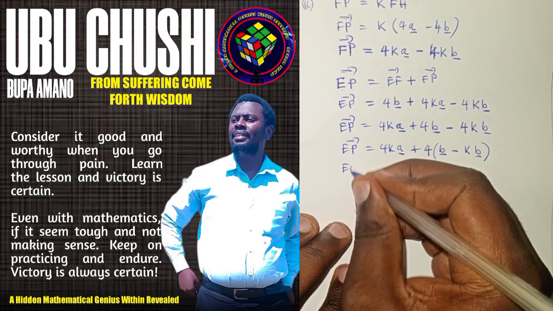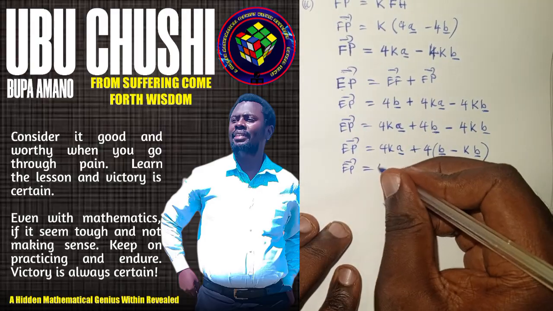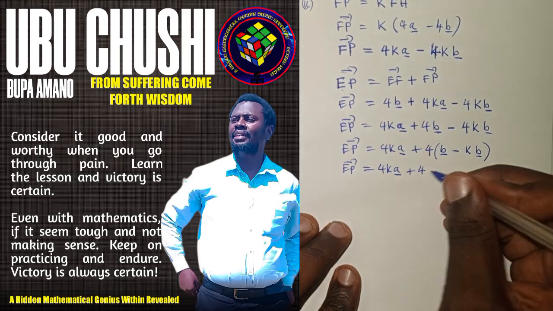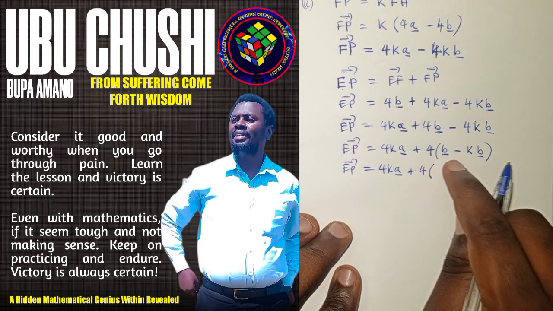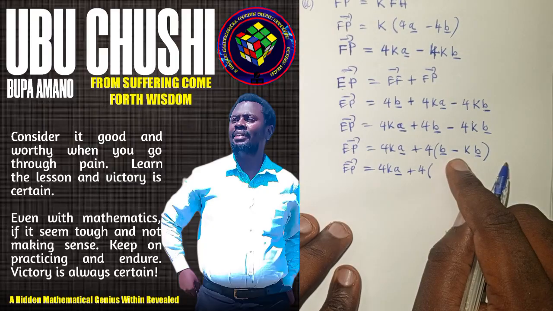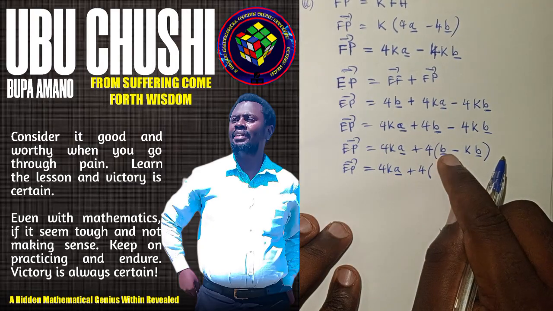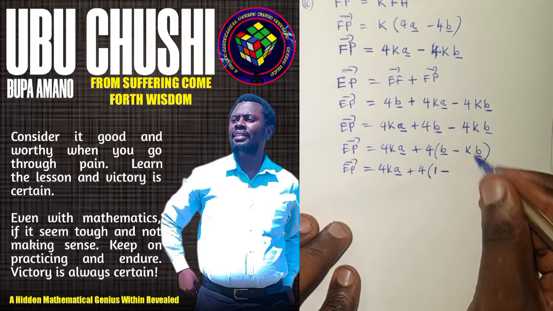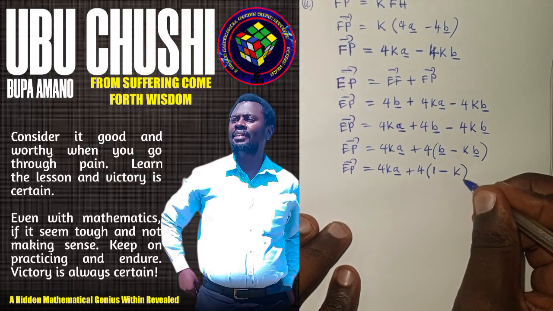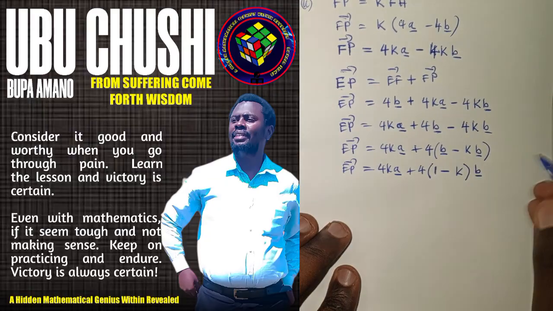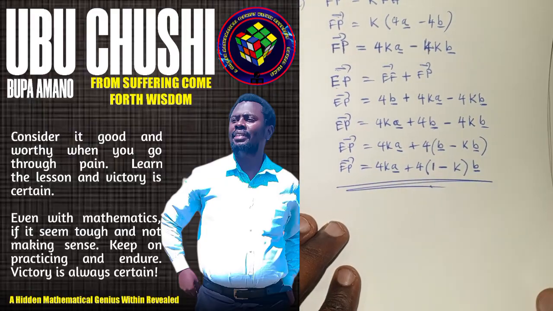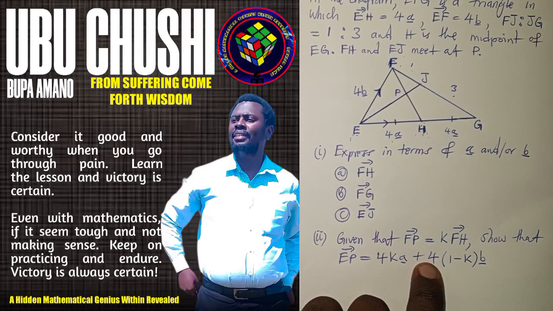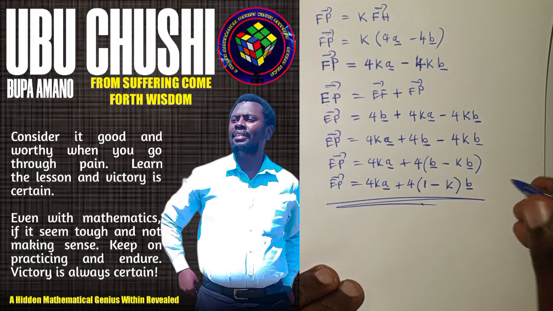So we'll say EP is equal to 4k vector A plus 4 open bracket. So here we are dividing out vector B. So when you divide out vector B there, you remain with 1 minus k, then you put it outside there. Okay, so we can see now that what is here is exactly with what is there, so hence shown.